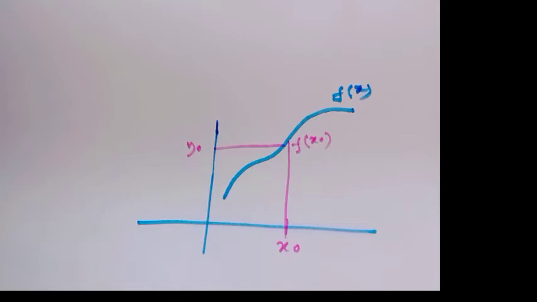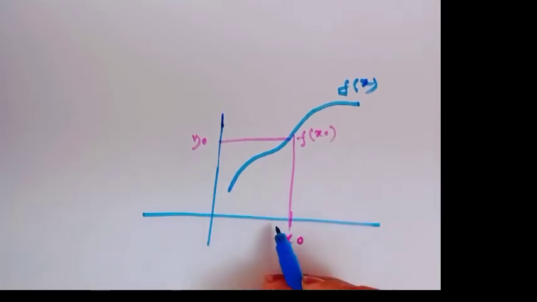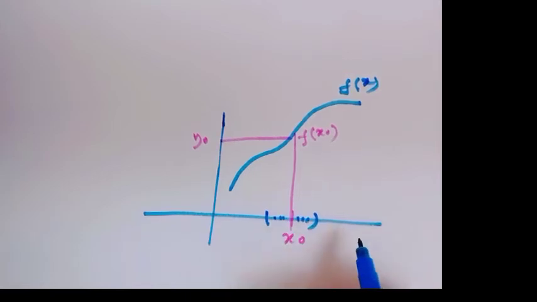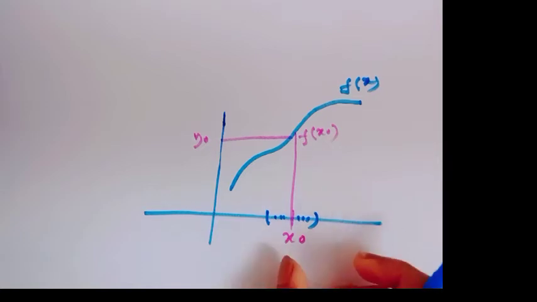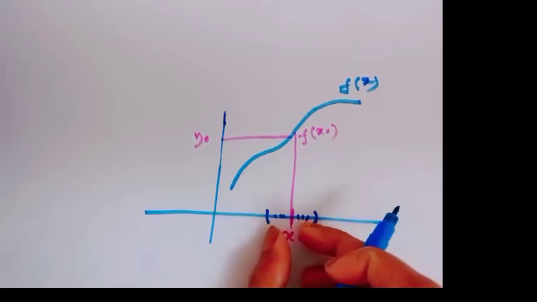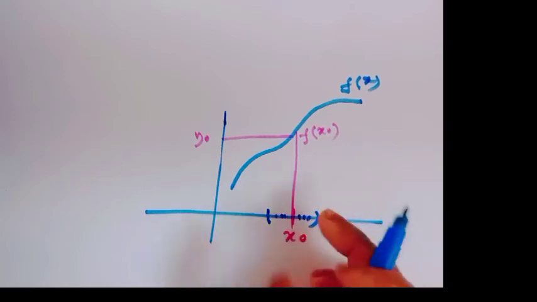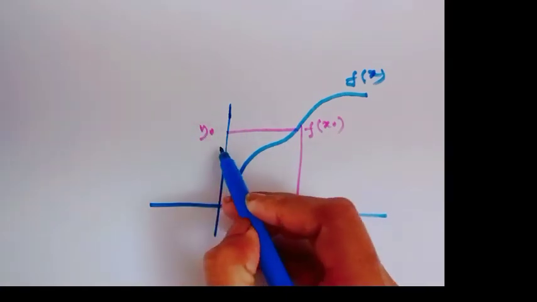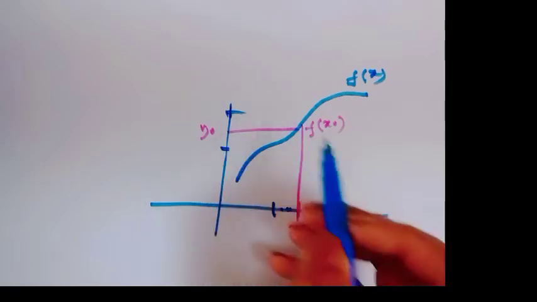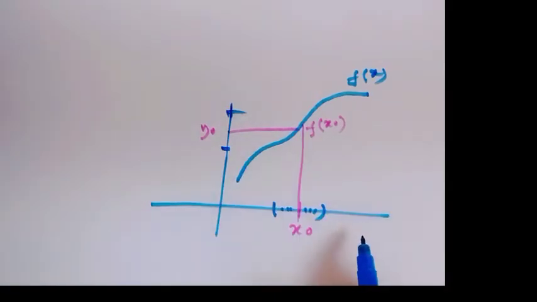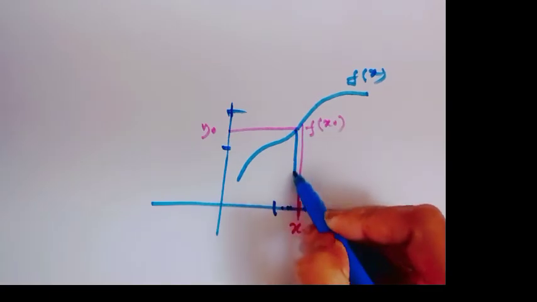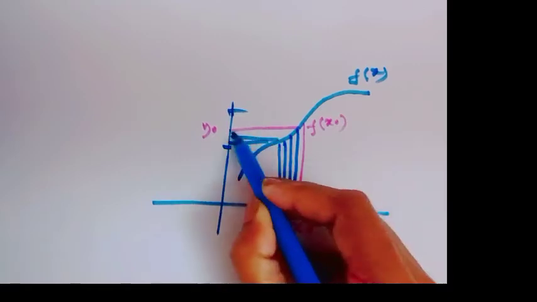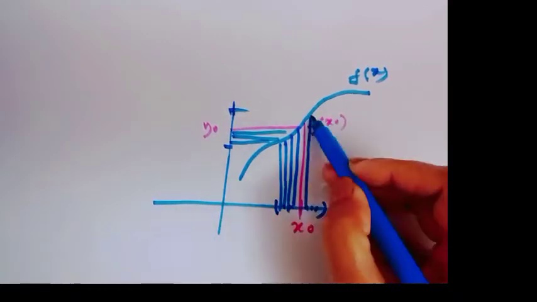And here x is any arbitrary value in this interval, and you can make it small enough, and for this point you always will get an image here.